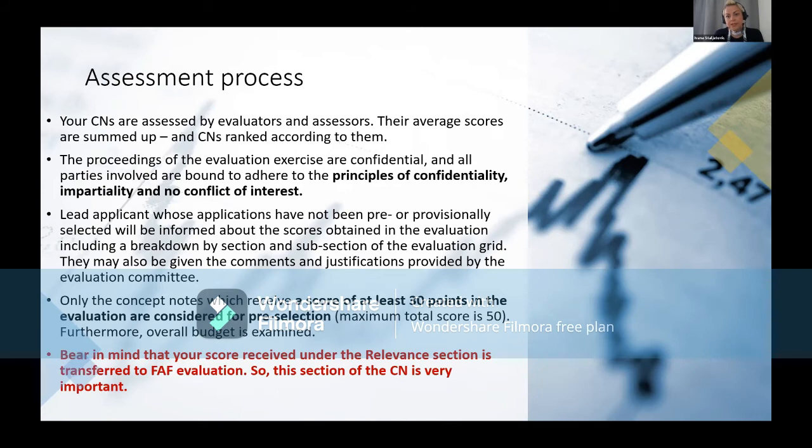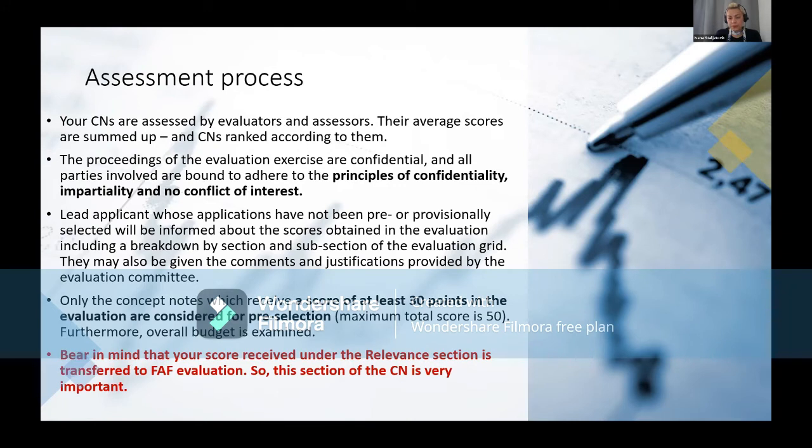What does it mean? That they need to keep all the information strictly confidential until the end of the process, until the contract signature or award decision of the contracting authority.